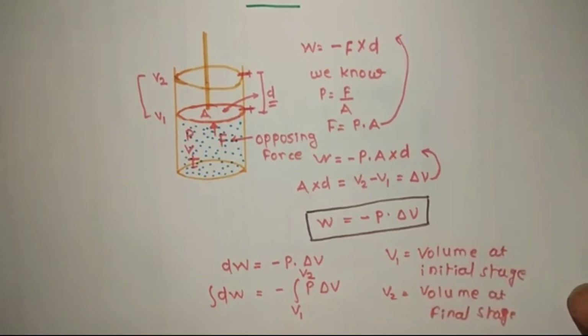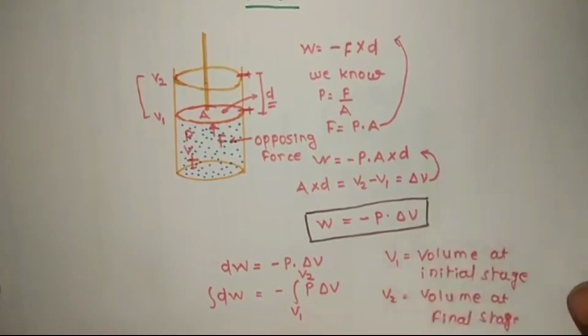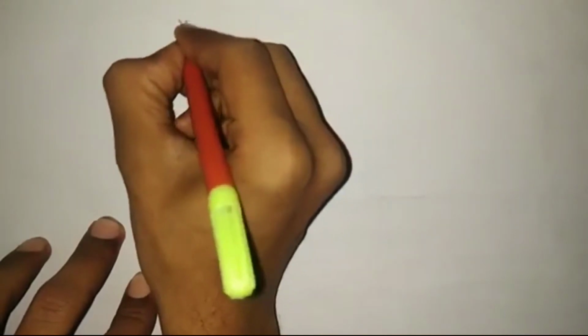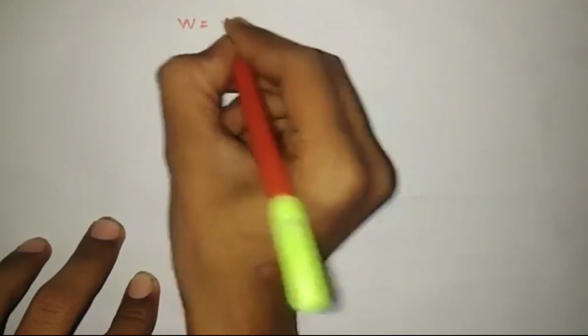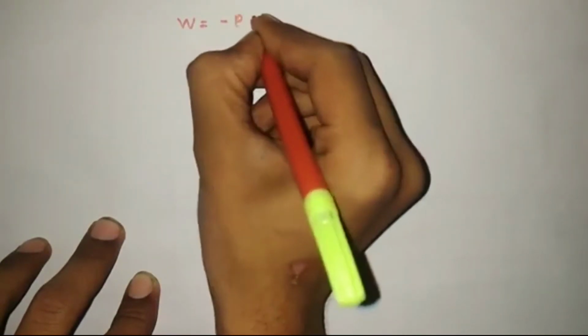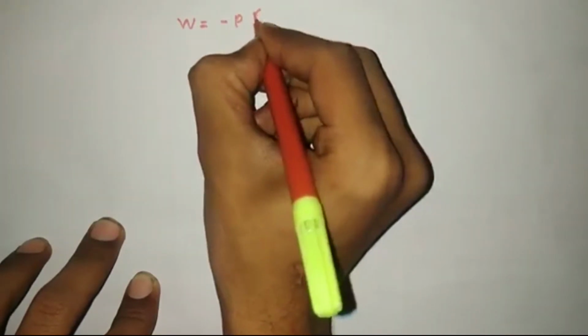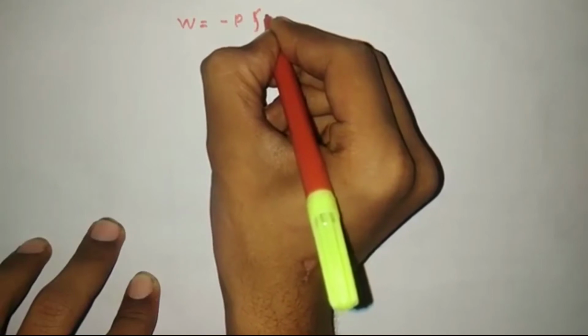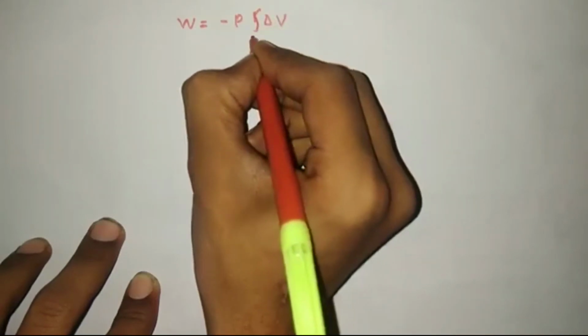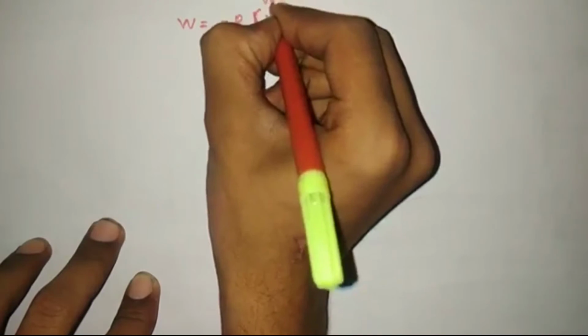After integrating this equation we get W equals minus P integral del V from limit V1 to V2.